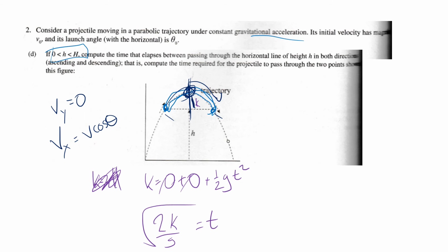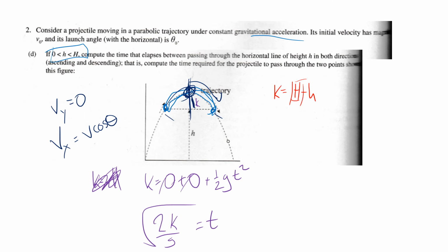Okay, so what we're looking for here is that k is going to be big H minus little h. All right, so we're allowed to keep little h because that's the variable we know. We know what big H is because we solved for it earlier in the problem.